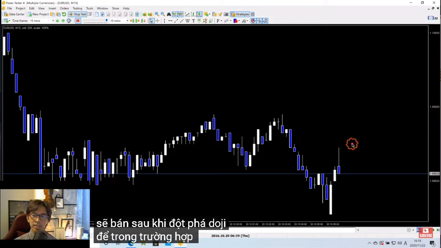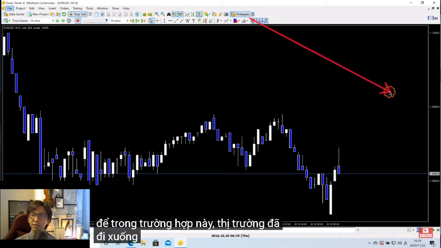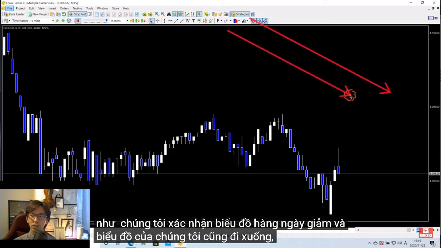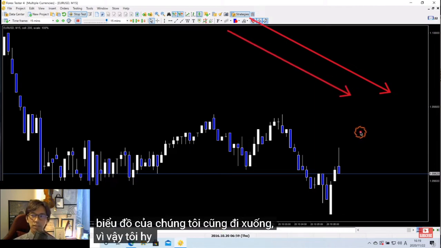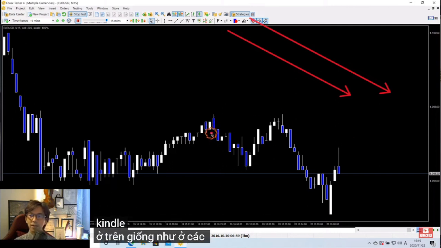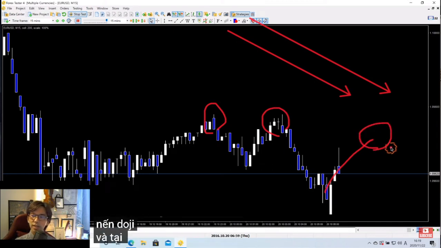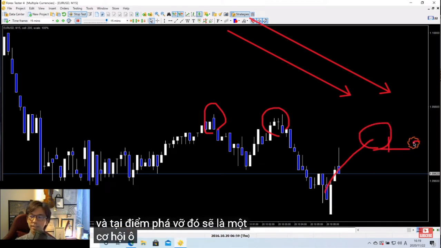So in this case, the market has been going down, as we confirm daily chart down and 1 hour chart also down. So I expect the market to have the doji candle above, like on these levels. If the market goes up, there might be doji candle, and at the break, that will be a sell chance.